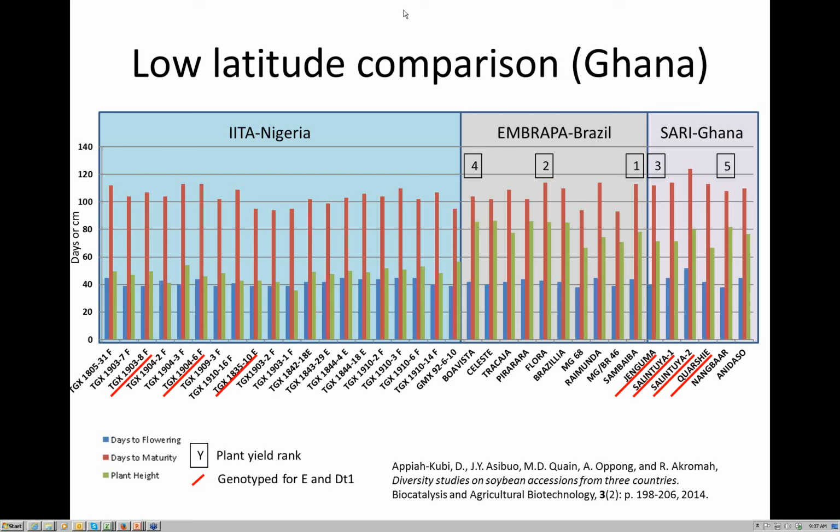But everything from Africa that I have genotyped, and I say I, but I really mean Carrie, and we've done it now by sequencing because we don't have assays for all of the alleles, each one of the African lines has a determinate allele. And the Embrapa lines are also determinate, right? Okay, so all of those Embrapa lines are quite tall compared to the Nigerian lines. I don't know what's going on with the IITA Nigerian lines.